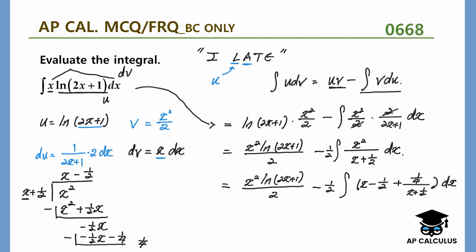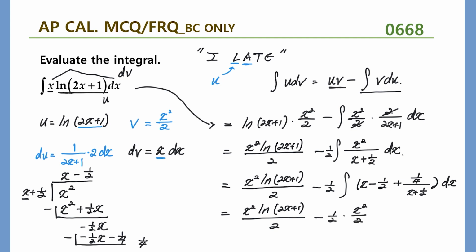So let's find the antiderivative of that. So we have x squared natural log 2x plus 1 over 2 minus 1 over 2. Antiderivative of x is x squared over 2 minus 1 over 2 x plus 1 over 4 natural log x plus 1/2 plus c, right? Now we're done.